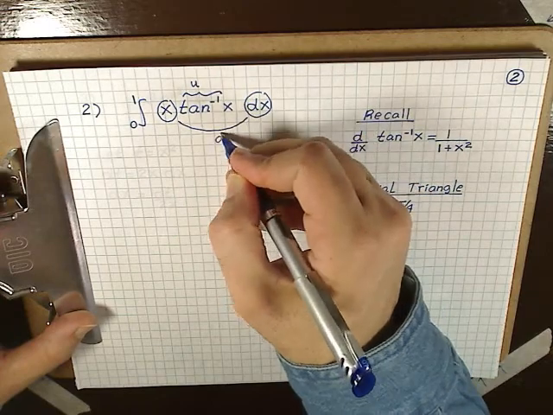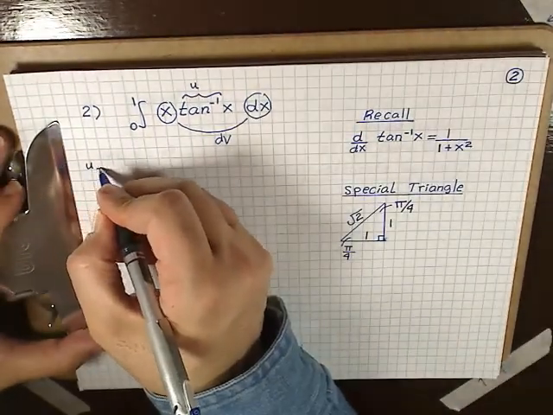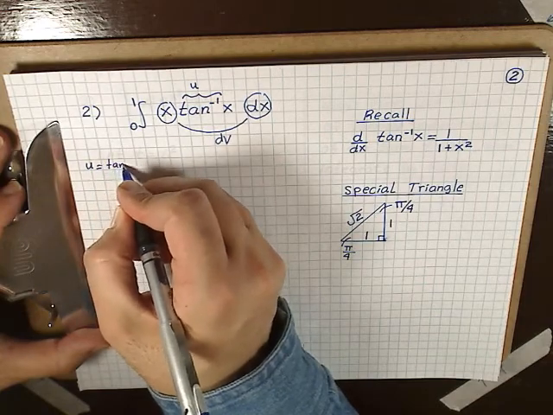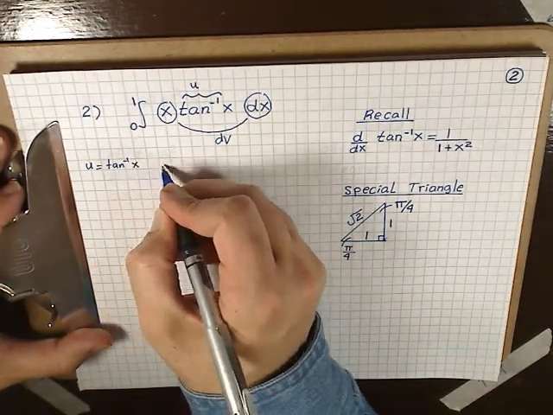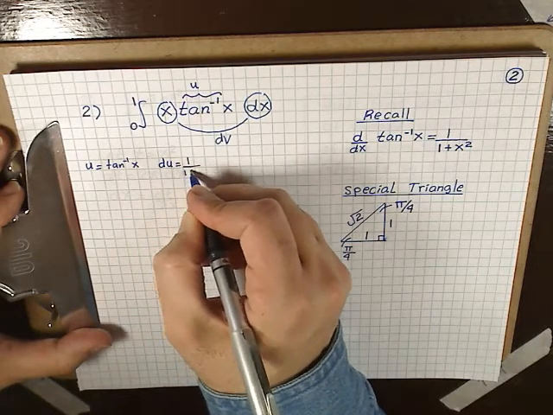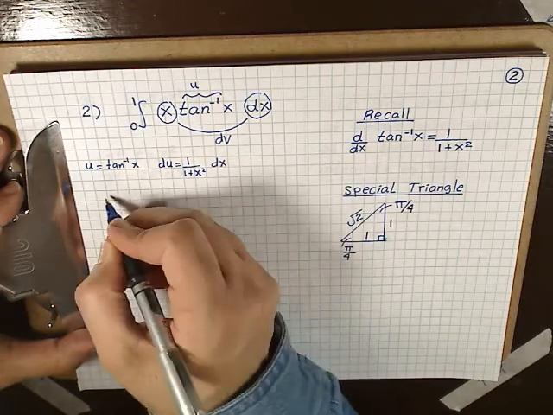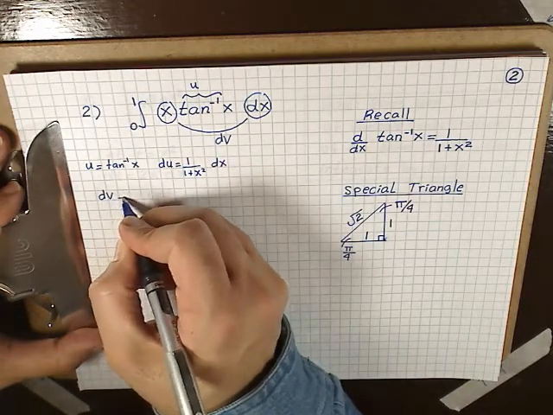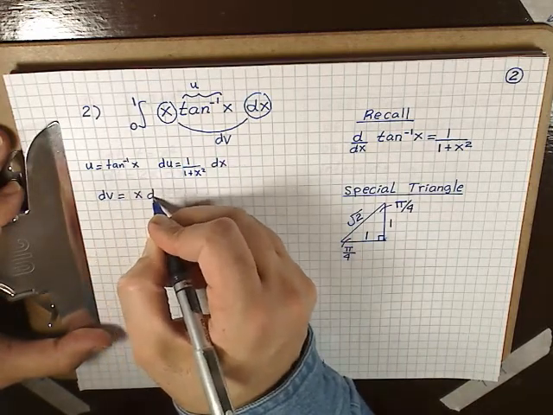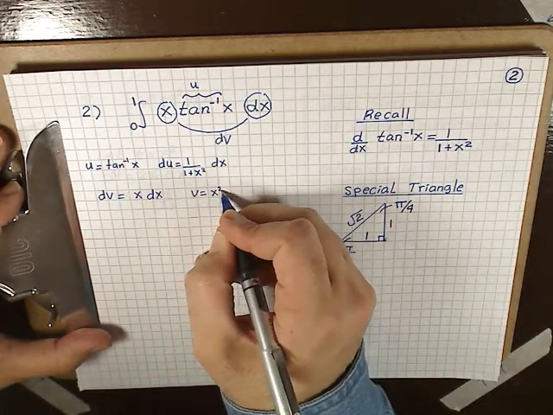Let's write that down. u is equal to tan inverse x, du is equal to 1 over 1 plus x squared dx. dv is equal to x dx, v is x squared over 2.